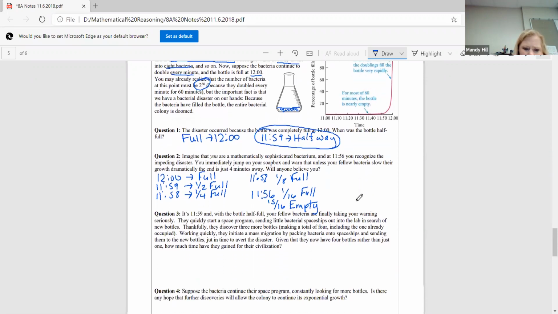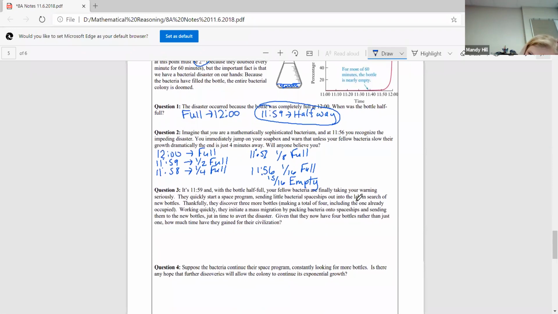Okay, question 3. It's 11:59, and with the bottle half full, your fellow bacteria are finally taking your warning seriously. They quickly start a space program, sending little bacterial spaceships out into the lab in search of new bottles. Thankfully, they discover 3 more bottles, making a total of 4, including the one already occupied.